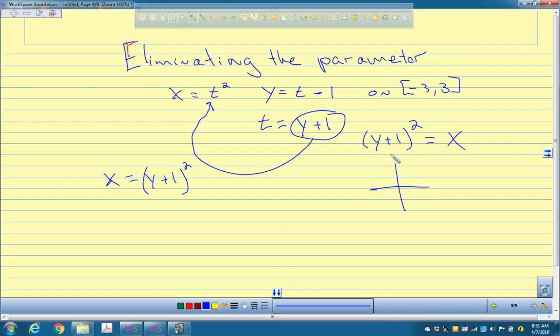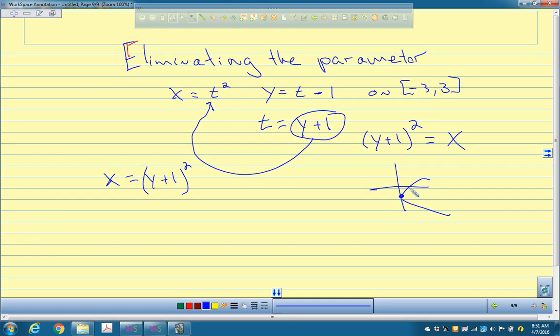This is what we learned yesterday. Where's the vertex of this parabola? At 0, -1, right? It opens to the right, just like the one that I just showed. Okay? So to eliminate the parameter, you can solve for t and plug it into the other equation such that you have an equation only with x and y. Okay?